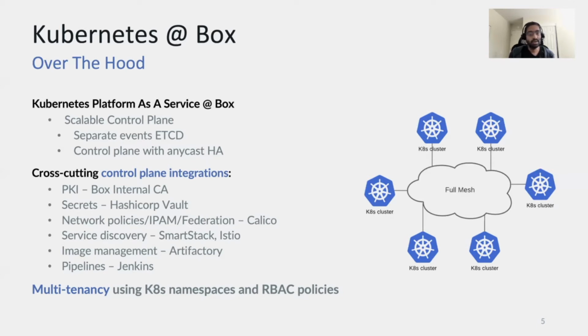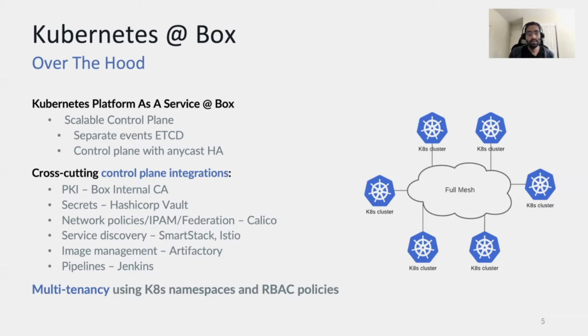On secrets, we have open source HashiCorp Vault on the on-prem side. We have a sidecar that allows services to interact with Vault and refresh secrets. For network policies, IPAM for pod networking, and policy federation, we leverage Calico.